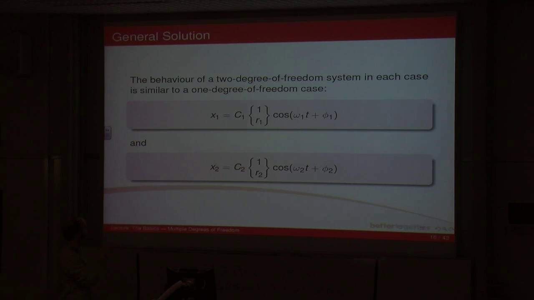And the reason we stick them in there is when we combine them together, you end up getting the 2 different equations. So this is the same thing. You've got amplitude times cosine omega 1t plus phi 1, and then second amplitude multiplied by R2 times cosine omega 2t plus phi 2.